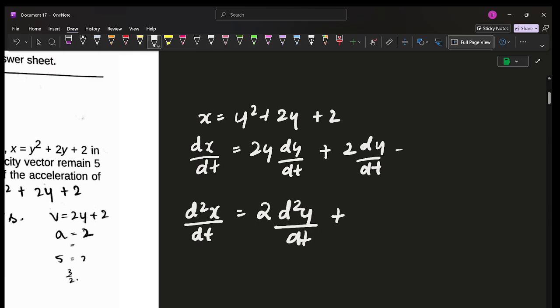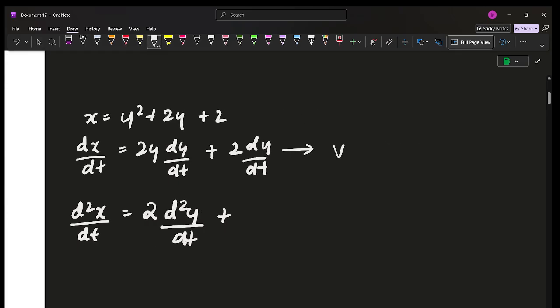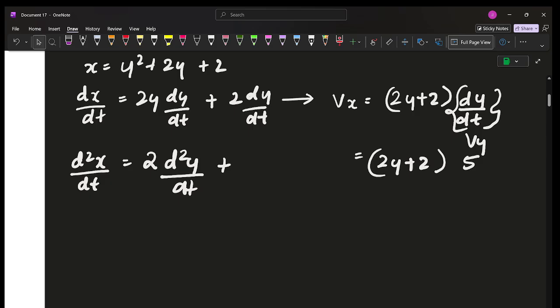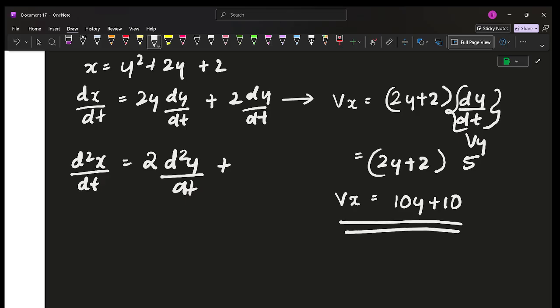Let me just check. So from here I kind of get the velocity, right? Which is 2y plus 2 dy by dt. Okay, this is basically velocity in x direction. So I would have something like velocity in y direction is given as 5, right? So vx would be 10y plus 10. Okay, just keep that.